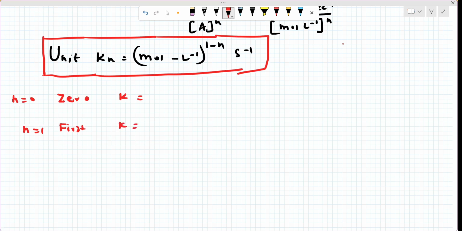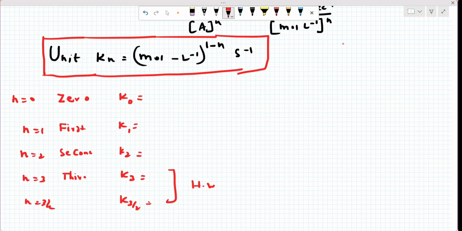Second order, what is the unit of rate constant? This is zero order, this is first order, this is second order. n is equal to 3, third order. n is equal to 3 by 2, what is the order? 3 by 2. Tell me. First, I will solve two as homework. Remaining three, tell me the answer.